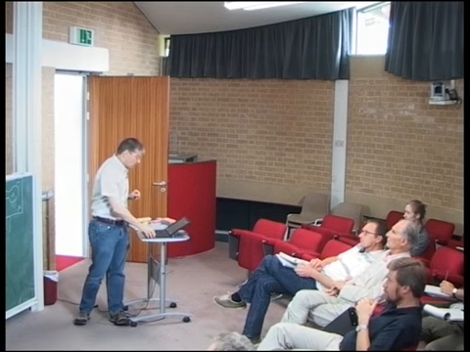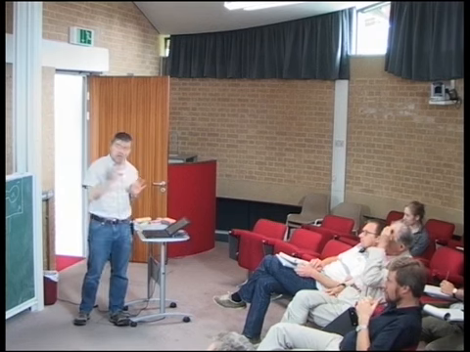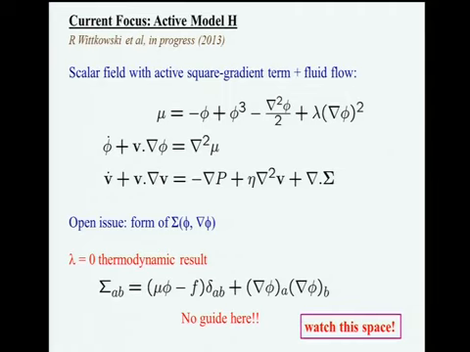What I'm going to say, though, is that the thermodynamic, proper model H with lambda equals 0, for which we know the stress, it's the pressure plus something involving the gradient terms, is no guide to what needs to be done for active model H. And that's because the reason you know this form of the stress tensor in the conventional model H is because you know there's a free energy.